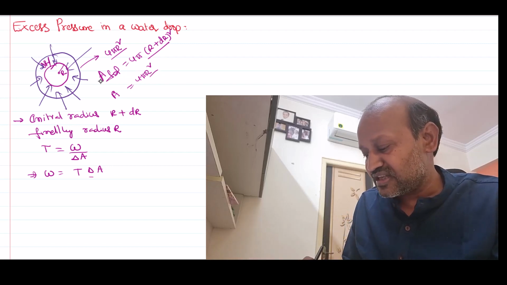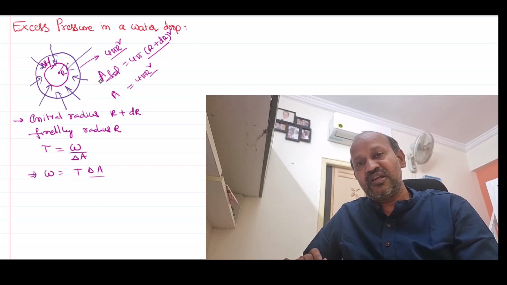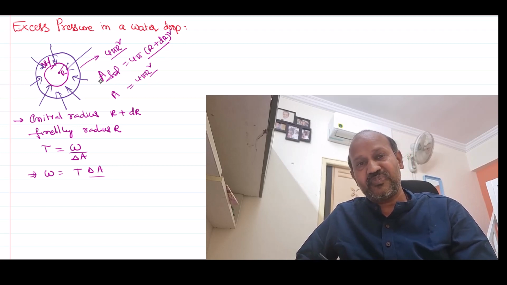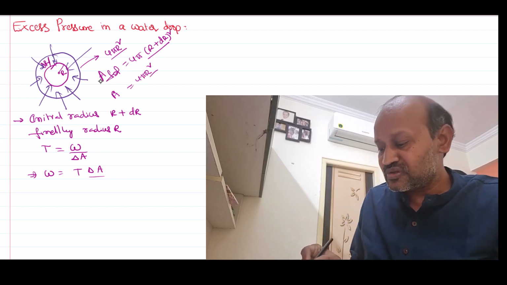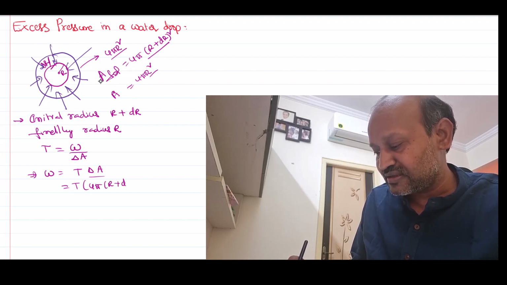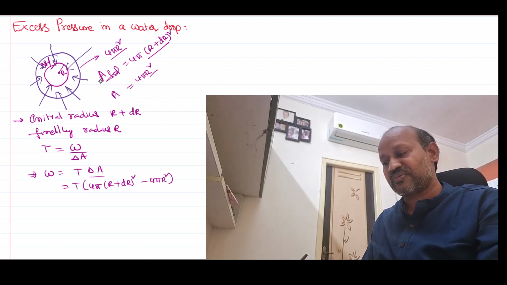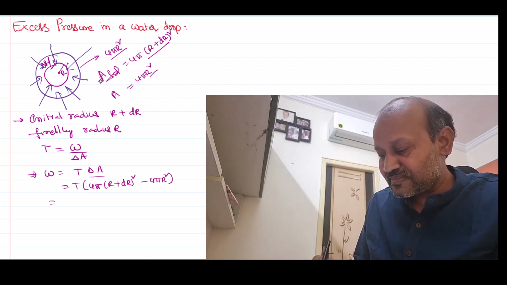So when I say change in area, I mean higher area minus lower area. Initially, it has a higher area because its radius is higher, r plus dr, and it is shrunk down to r. So what is the change in the area? 4 pi, higher area, that is r plus dr whole square, minus the final area, it is reduced to a radius r, 4 pi r square. So how much is this?